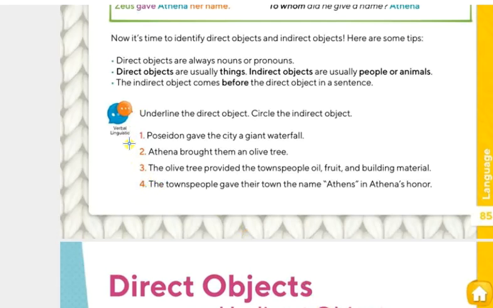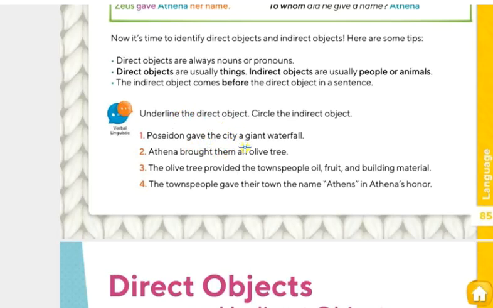It says, Poseidon gave the city a giant waterfall. So, it says underline the direct object.